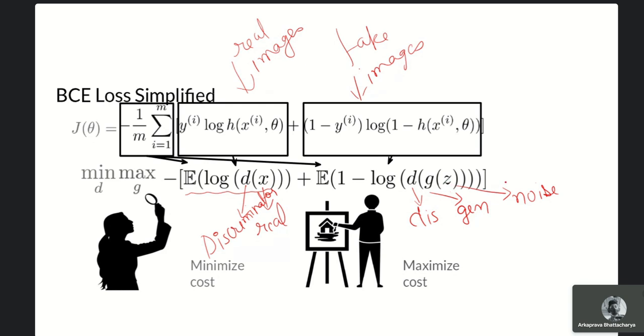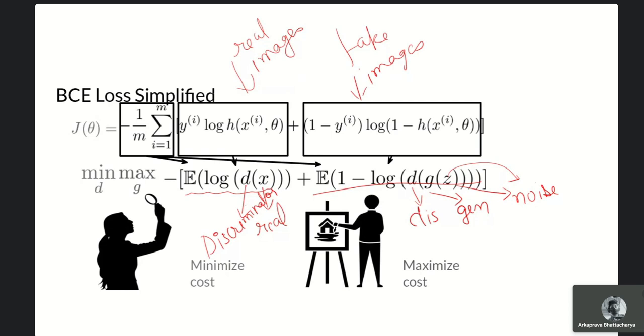I'll repeat the right part: it tells what is the expected loss of the discriminator when it receives a generated image from the generator, which takes noise Z as input. So here you have two parts, one for the discriminator's performance over real images, and one for its performance over the fake images generated by the generator.